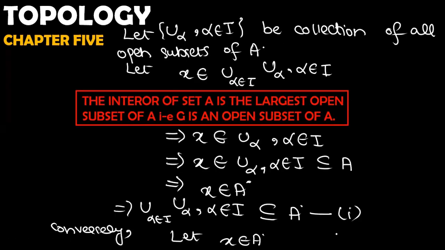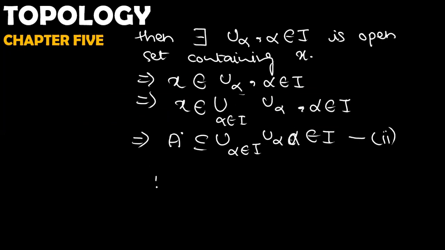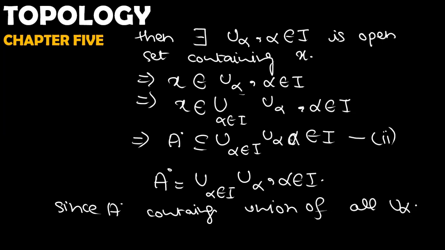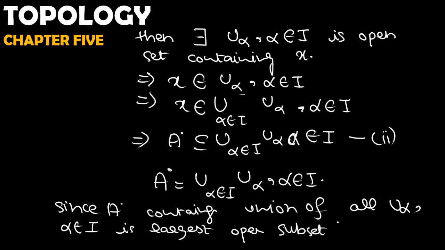So from 1 and 2, we can say that A interior is equal to the union of all open sets of A. Since A interior consists of the union of all the U alpha, where alpha belongs to I, it is the largest open subset of A, as it contains all the open subsets.